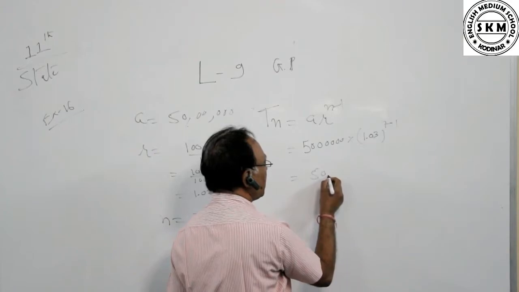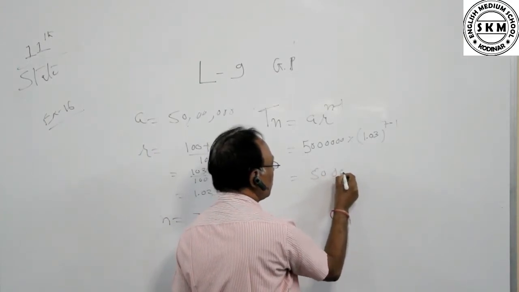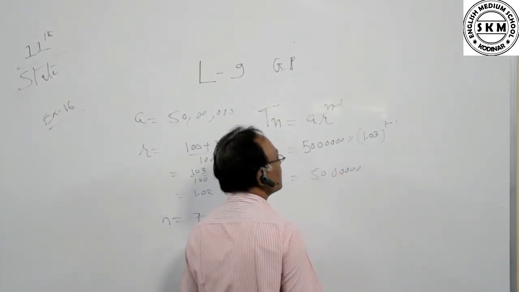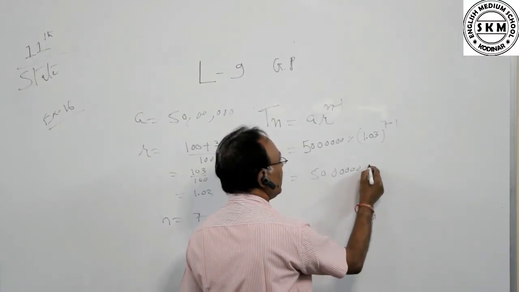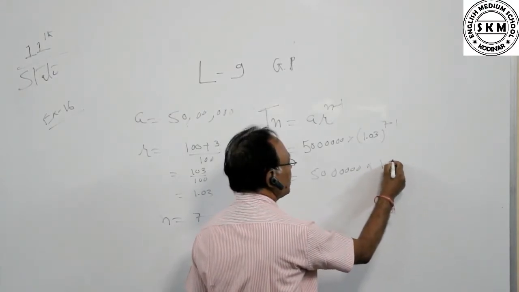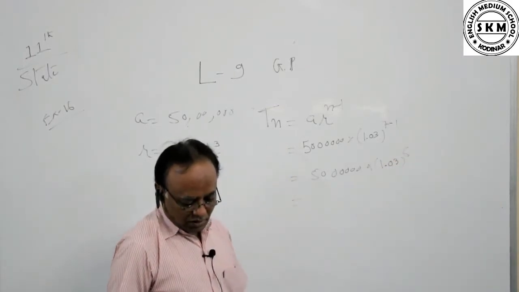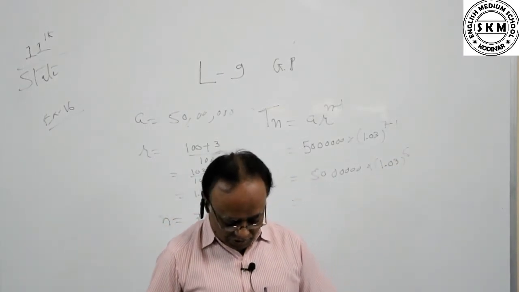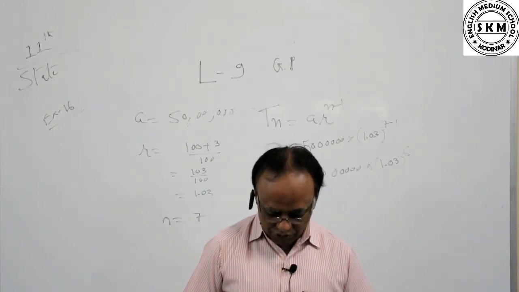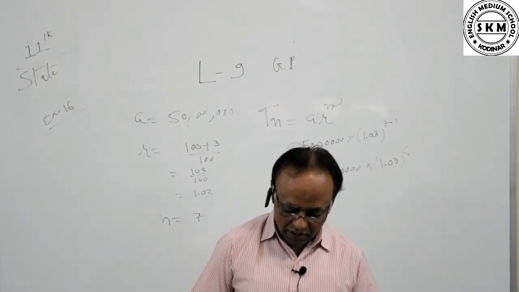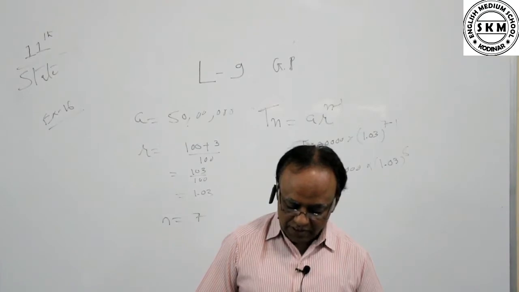So it is 50 lakhs into 1.03 raised to 6. Now use the log tables or use your calculators and give the simplification.